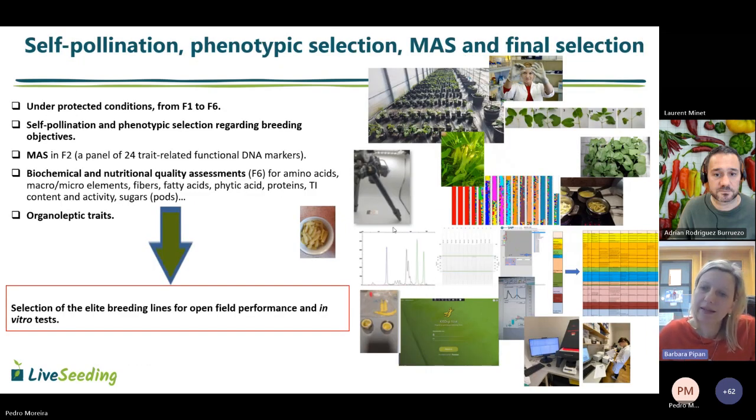Okay, and then, as I mentioned before, there comes self-pollination, phenotypic selection, and marker-assisted selection. Everything is done under protected conditions, with self-pollination and phenotypic selection along with the traits of interest, so that we see all different plants from the same combination regarding their phenotypic traits. And in the F2 generation, we perform marker-assisted selection using a panel of 24 different functional markers.